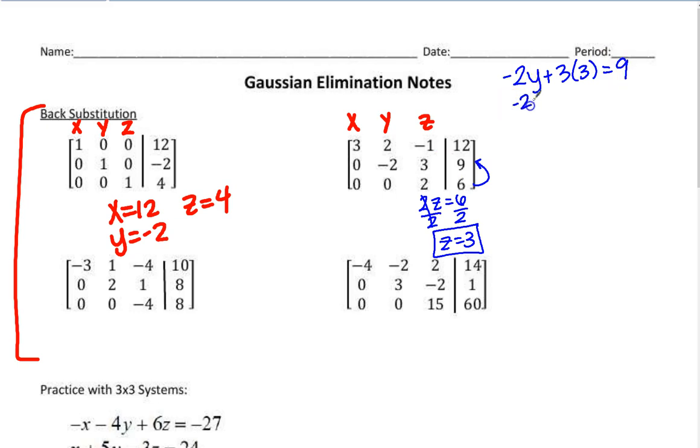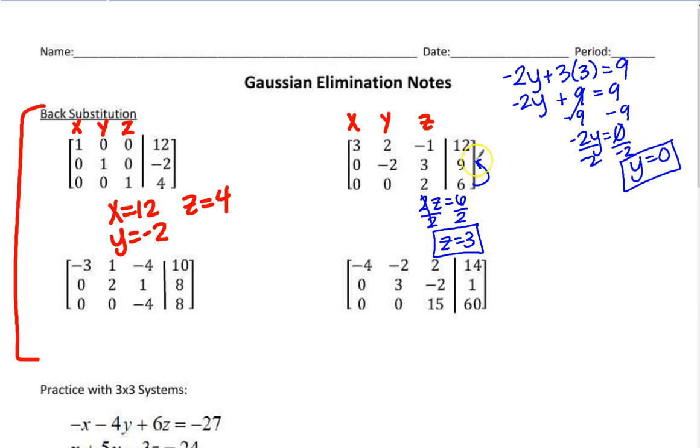So negative 2y. 3 times 3 is 9. I subtract 9. Negative 2y equals 9 minus 9 is 0. I divide by negative 2, and y equals 0. Love it. So I have z is 3, I have y is 0.